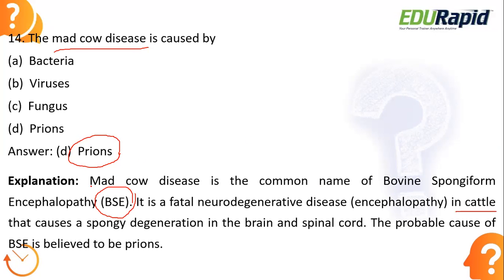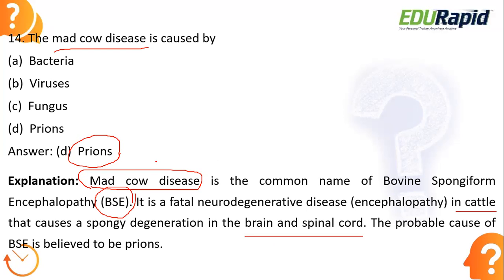So those who start suffering from mad cow disease, the cow will start acting like this because of the degeneration in the spongy tissues present in the brain and spinal cord. It is a completely neurological disease. The cows with this disease will start behaving very differently than the normal ones.